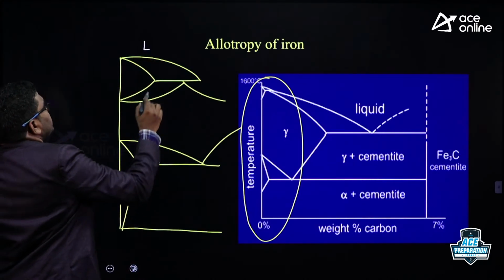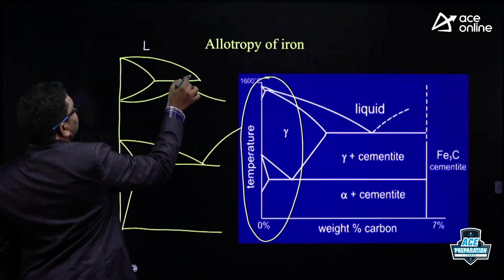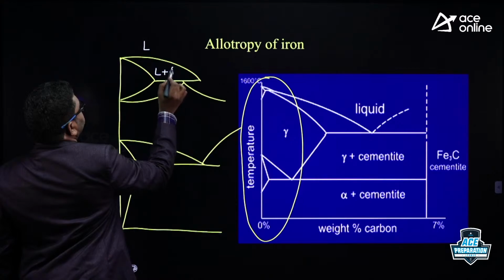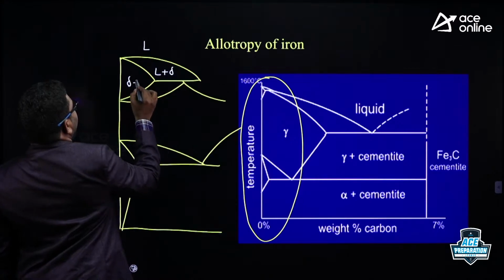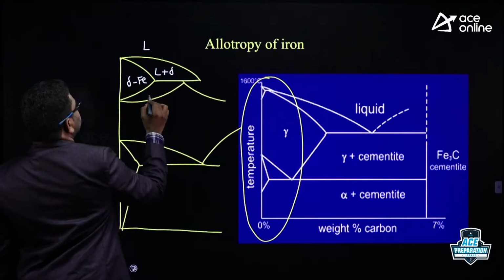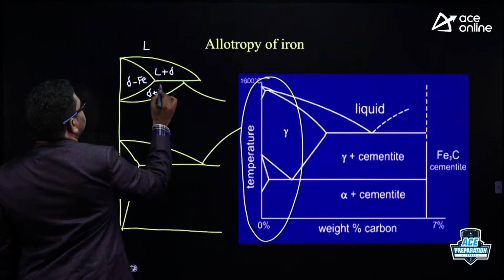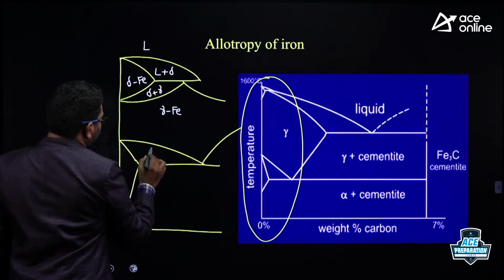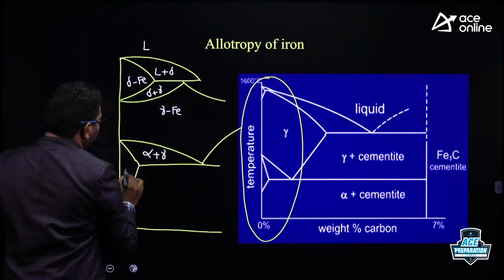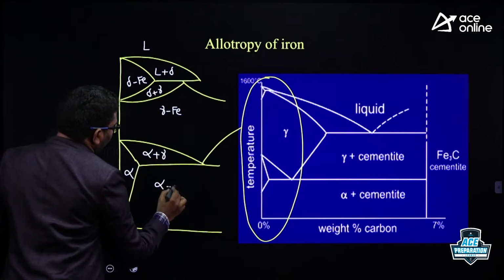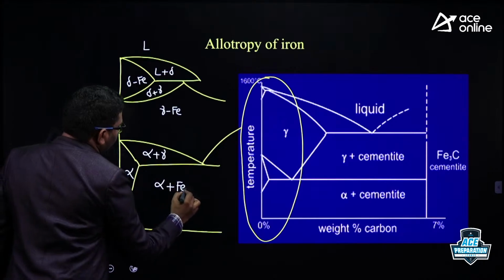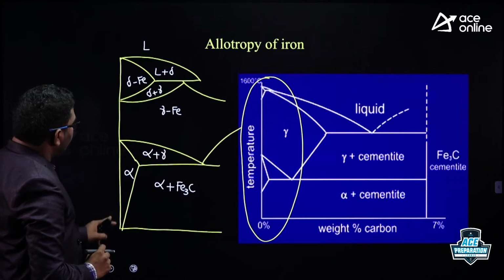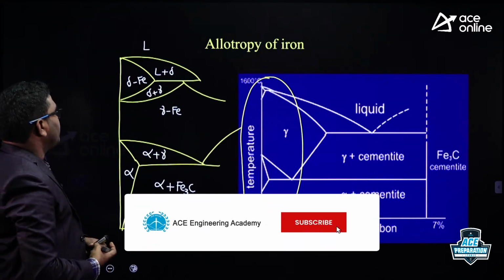By cooling the liquid material at this line, solidification starts. So, liquid plus delta iron, this is delta iron, this is delta plus gamma, this is gamma iron, this is alpha plus gamma, this is alpha plus cementite, right. This is the representation of phases.